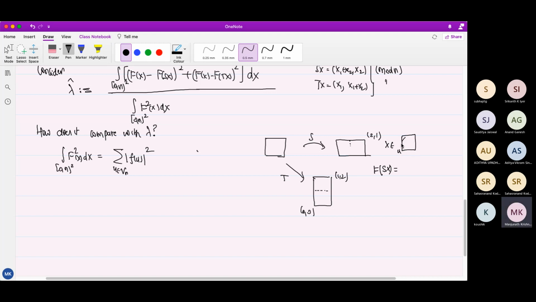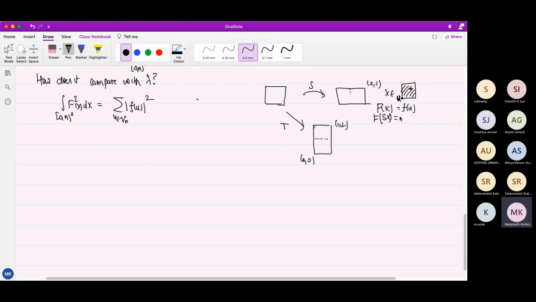So let's say x belongs to that. Then by definition f of x is small f of u, right? Any point here, the value is the point value here at this lower end vertex. So f of sx need not be f of su.